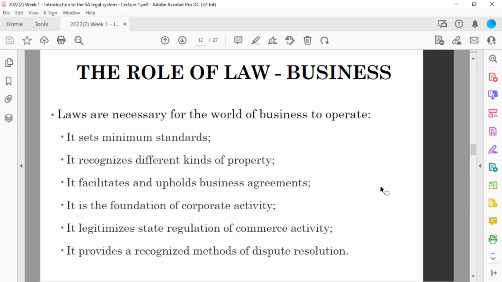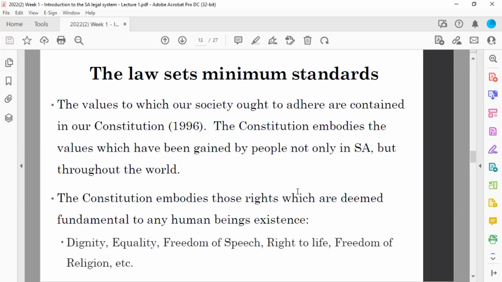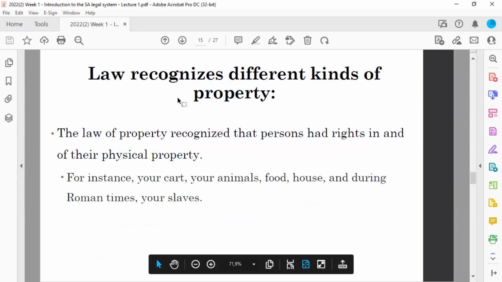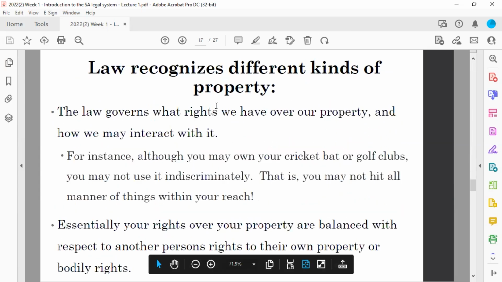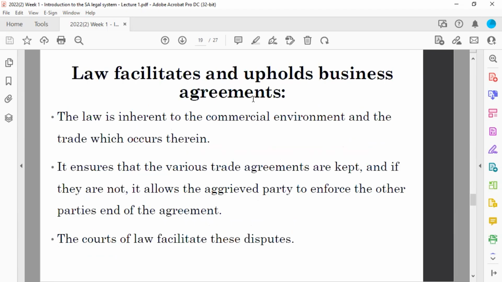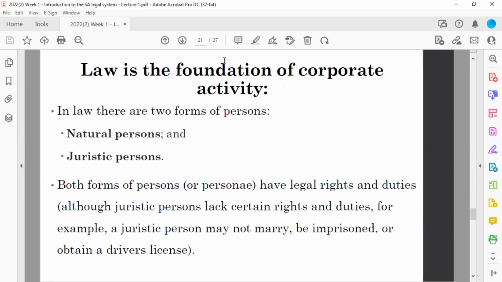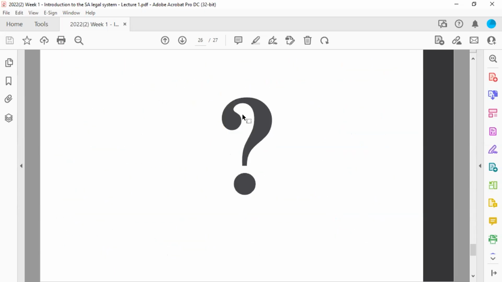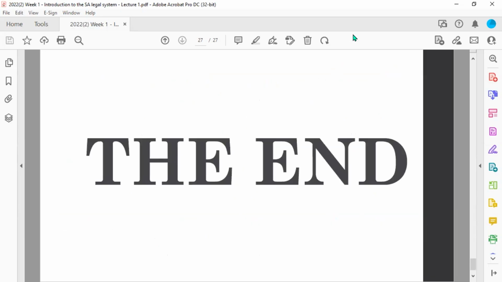On this set of slides, you will see I discuss each one of them: minimum standards, the different kinds of property, upholding business agreements, corporate activity, dispute resolution, etc. All of that is set out on that slide.